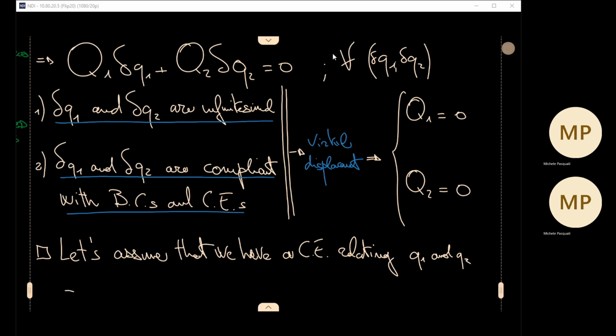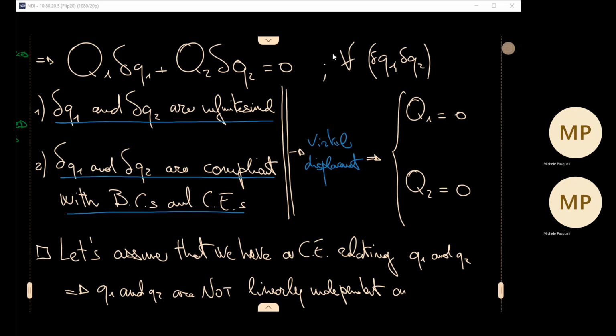Okay, so it means that q1 and q2 are not linearly independent anymore, if there's a constraint linking them.